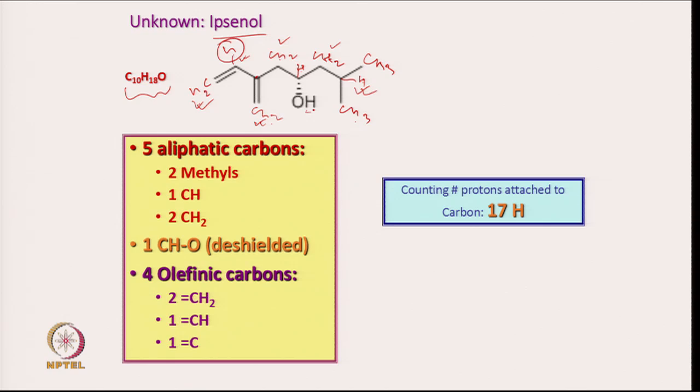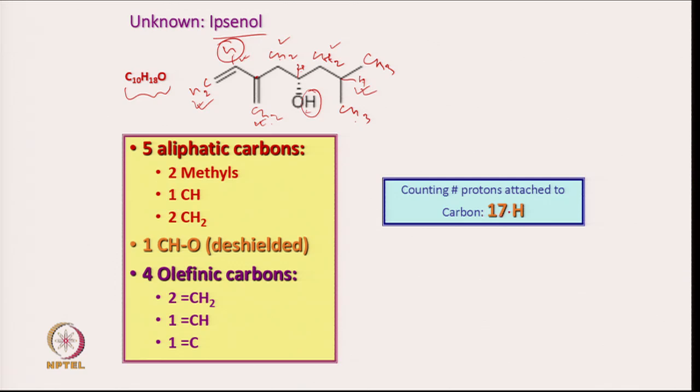So there are 18 hydrogens, but protons attached to carbon is 17. If you neglect this, then protons attached to carbon is 17.